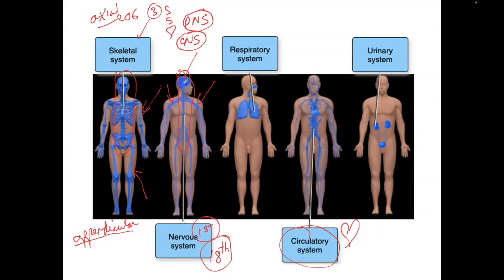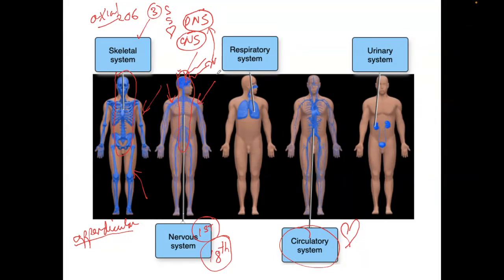So the CNS is the brain and the spinal cord. What is the CNS, the central neural system? It's only the brain and the spinal cord. Anything else is the peripheral neural system. So if we talk about nerves that come off of the brain, those are called cranial nerves. The cranial nerves are part of the peripheral neural system.